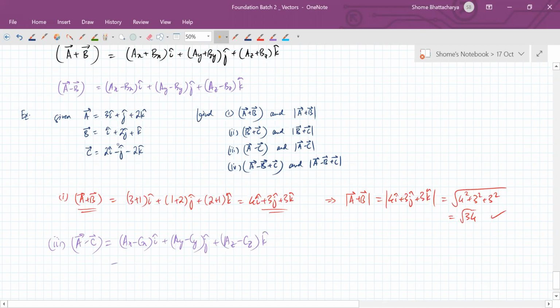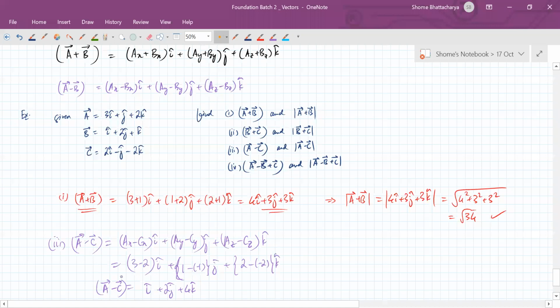So here when we substitute, it will become 3 minus 2 I cap plus 1 minus of minus 1 J cap plus 2 minus of minus 2 K cap. So this will become I cap plus 2 J cap plus 4 K cap. So this is becoming my vector A minus C.